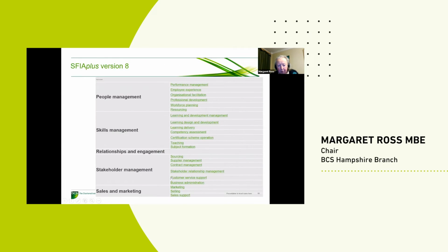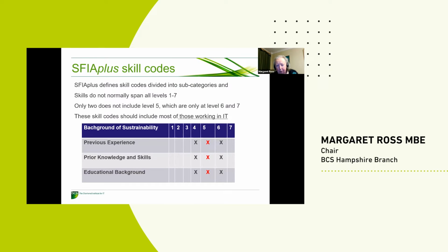So if we go through some of the other sections and the subsections that come off it, you're going right through from people management right through to stakeholder management, sales, marketing. If we take one, for instance, sustainability, this happens to be available at level 4, MBCS, level 5, chartered, and it's also available at level 6.